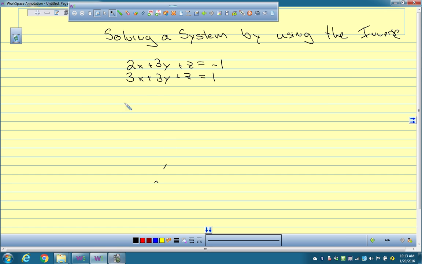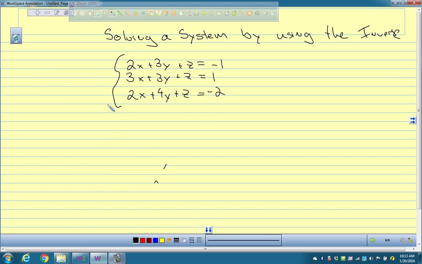And the next one is 2x plus 4y plus z equals -2.